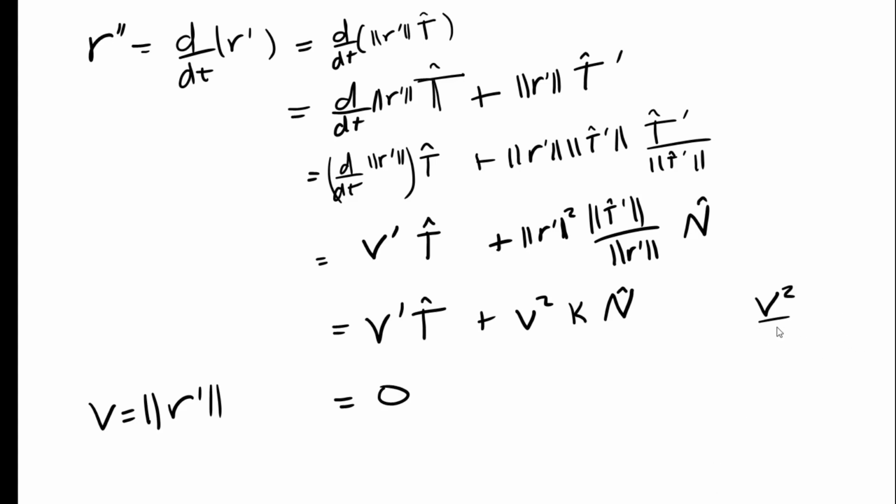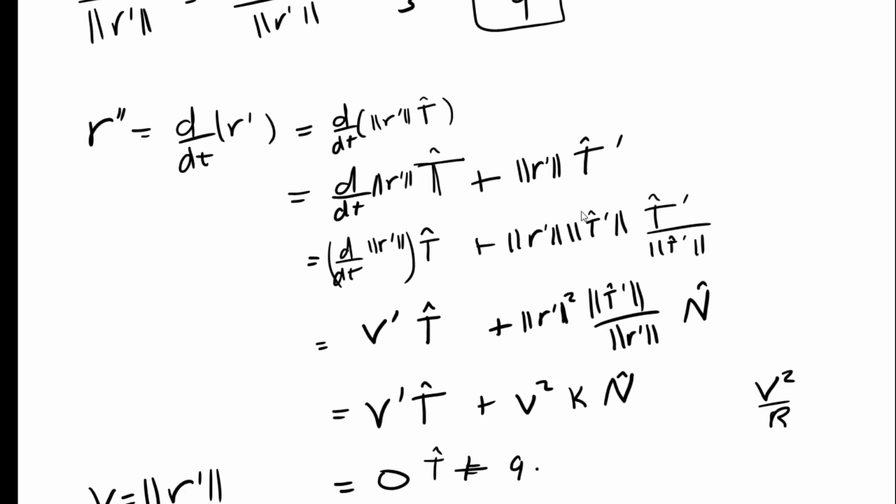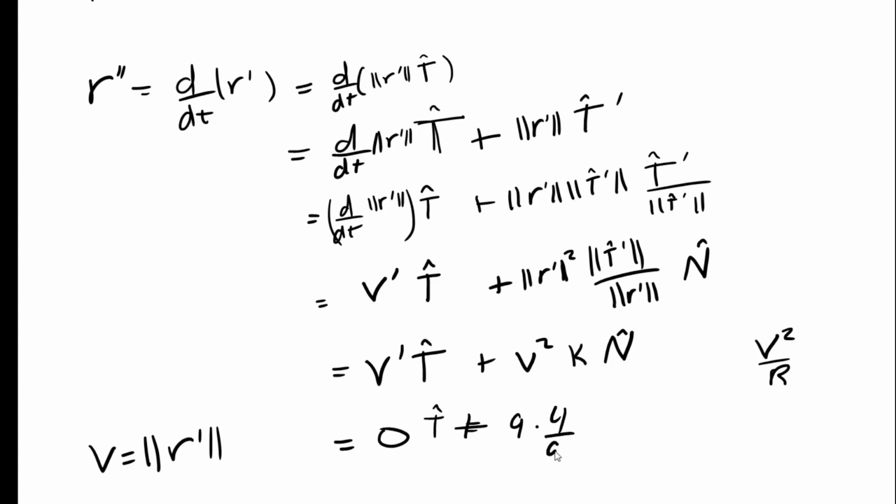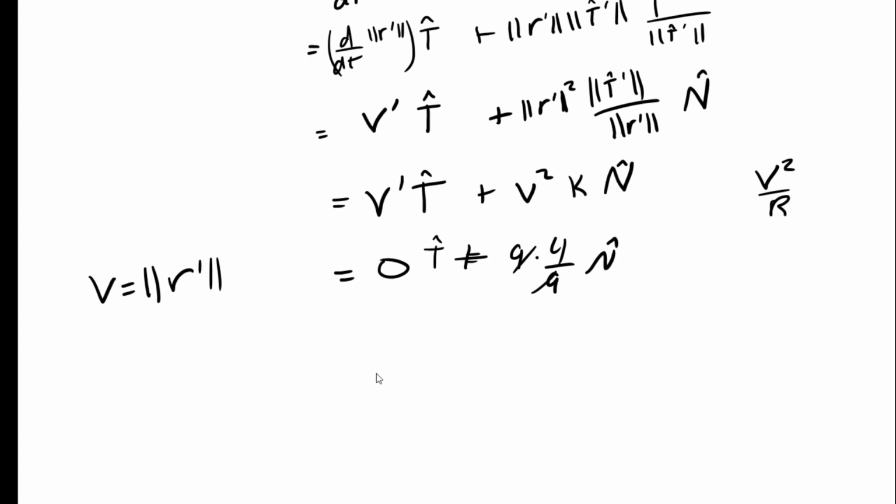So that's where that comes from. But we know that this is going to be plus 9 times, what do we say, 4 over 9? Yeah, 4 over 9. Those cancel. So our tangential component, AT, is going to be 0, and AN is going to be 4.